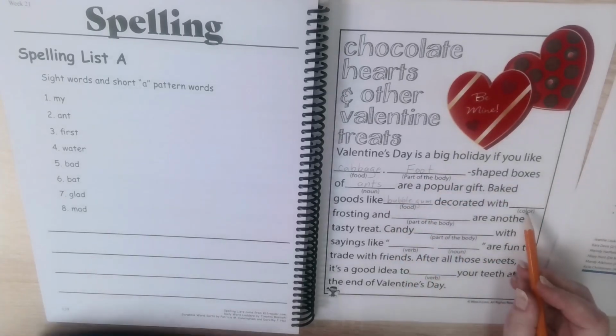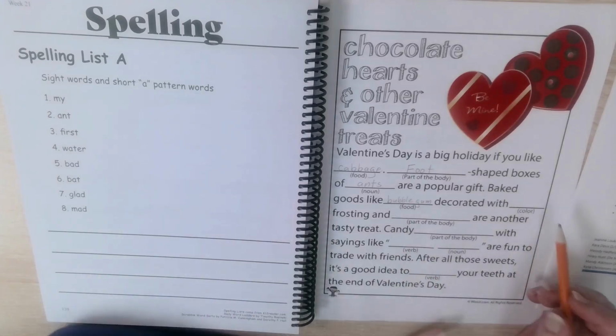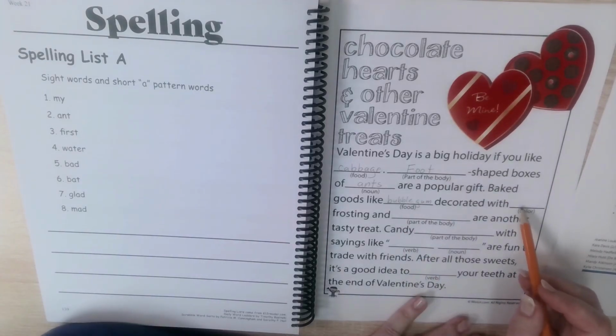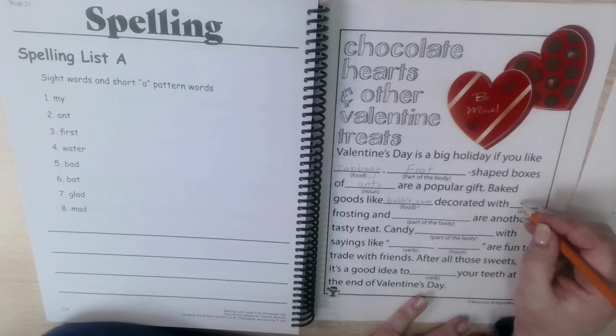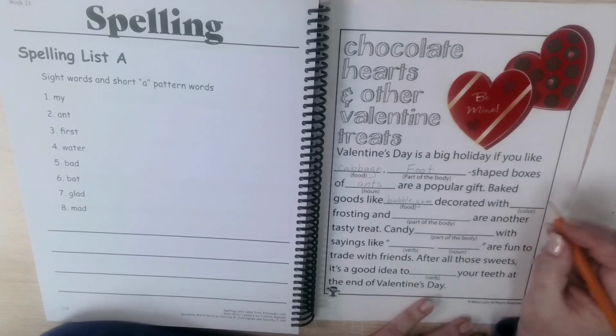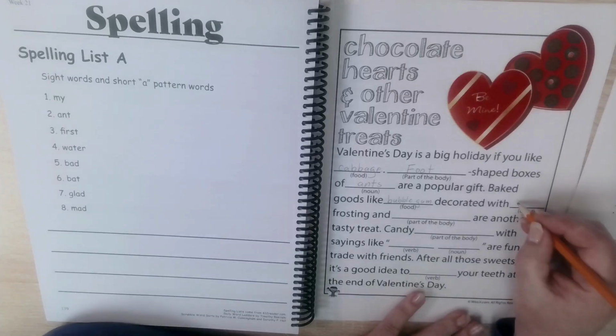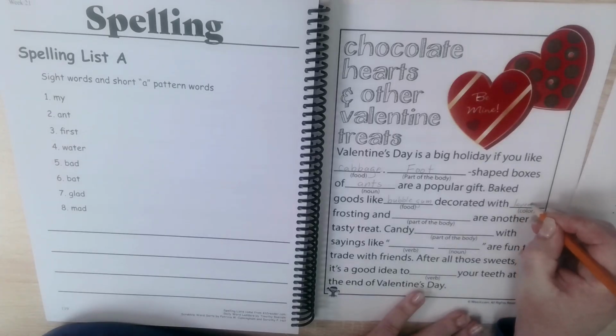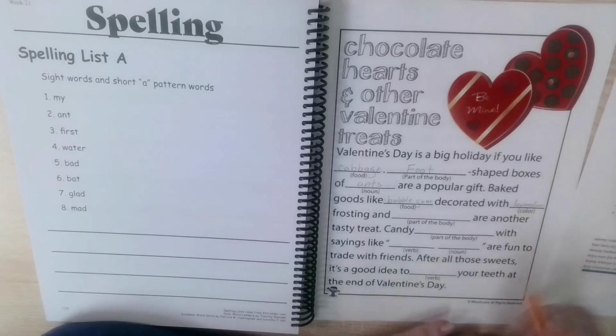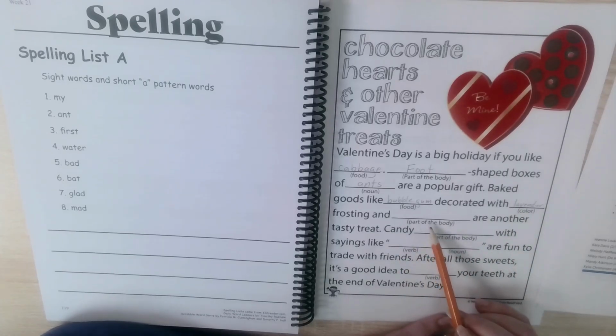And then we need a color. Let's say brown, black, gray, puce. What should we do? Ooh, let's say lavender. And that's like light purple. And then we need another body part.